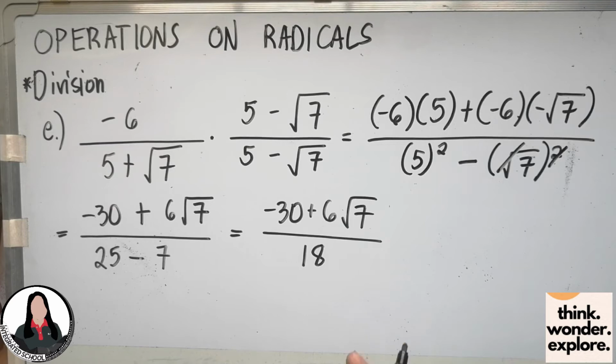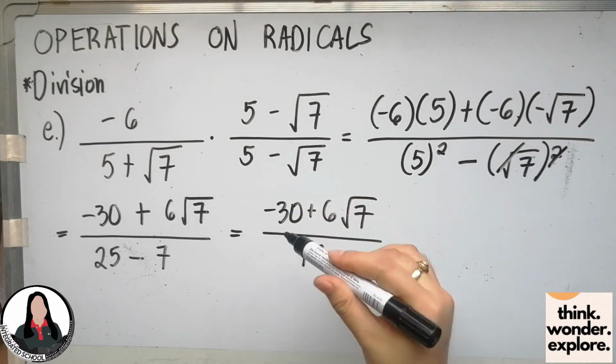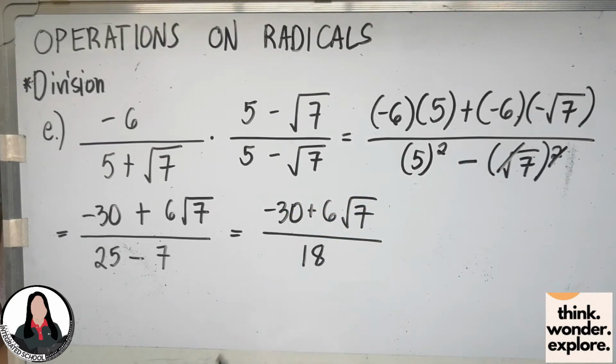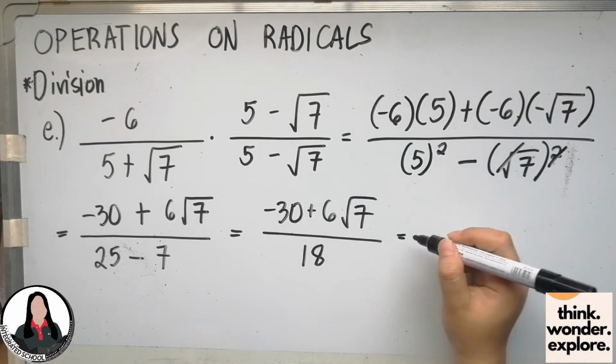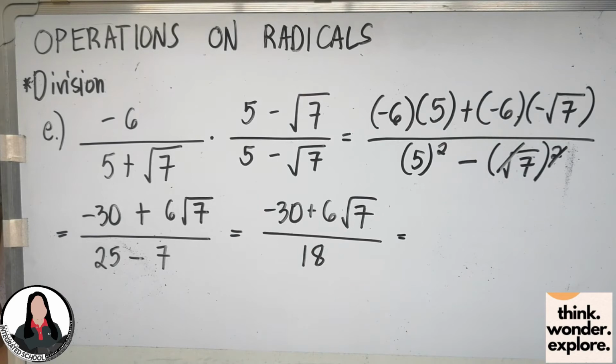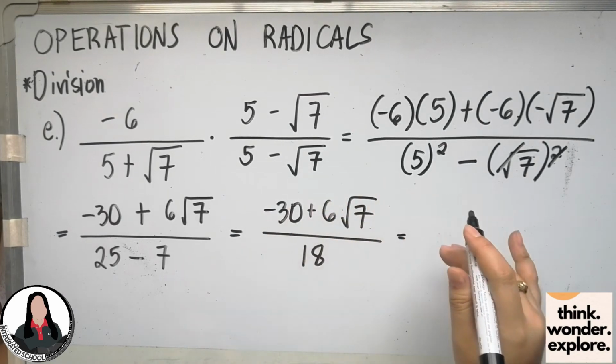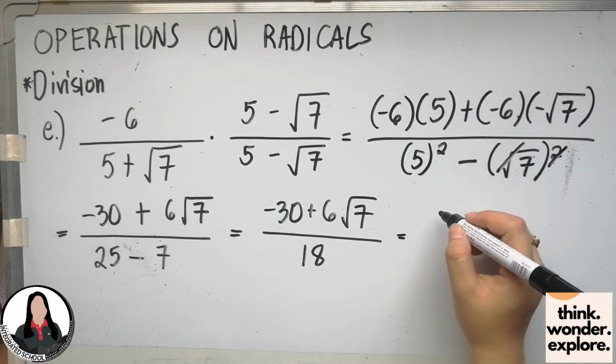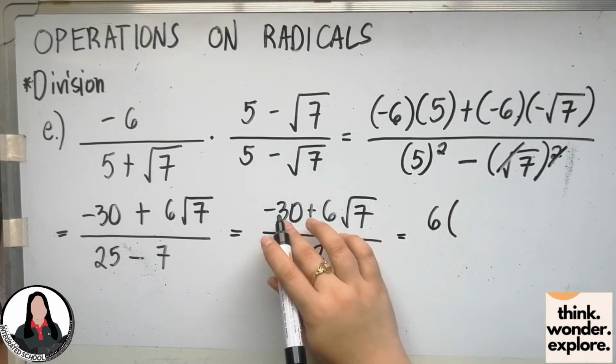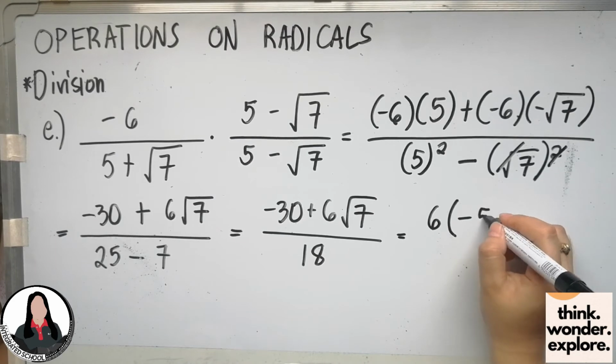At hindi natin siya pwedeng basta i-cancel lang since sa numerator, we have a binomial. So, para maging reasonable ang pagka-cancel natin, pwede natin kuhanin ang common monomial factor ng numerator and then tsaka tayo mag-cancel. So, for the common monomial factor of negative 30 and 6, we have 6. Negative 30 divided by 6, that's negative 5.